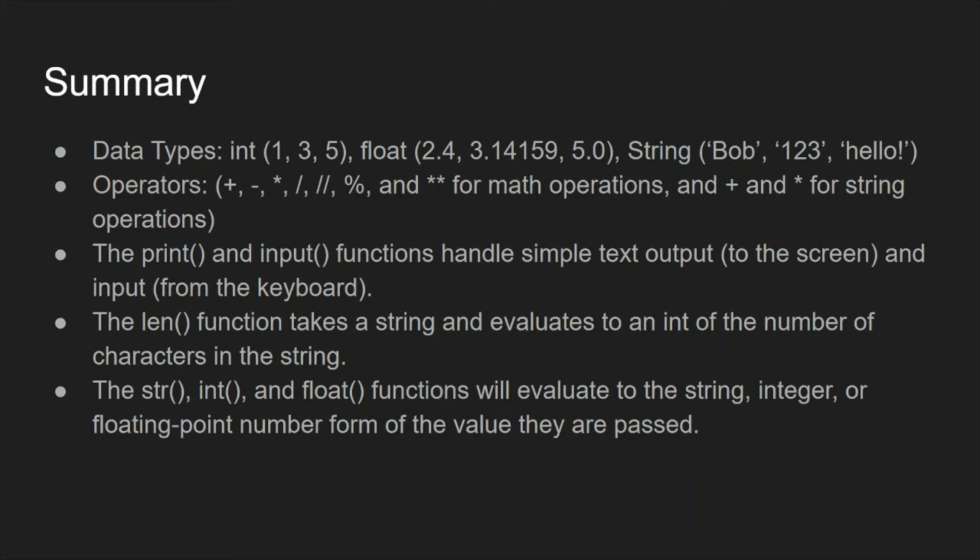And finally, the str or the string, int, and float functions will evaluate to the string, integer, or floating point number form of the value they are passed. So if int was passed the string value 27, like 27 between quotes, it will return 27. It will evaluate to the integer 27. Remember, if anything is confusing you, you can always try stuff out in the interactive shell.